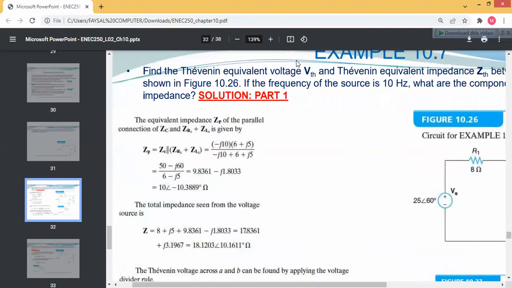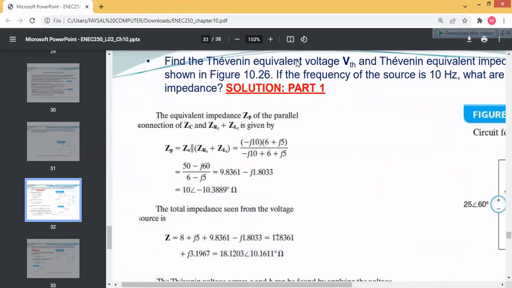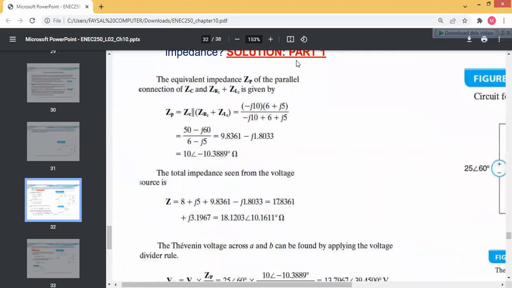For this one, first I have to take ZP, which is the equivalent impedance of the parallel connection, equal to ZC in parallel with ZR2 and ZL2. By putting the values, I find the amplitude equals 10 and the angle equals negative 10.339.